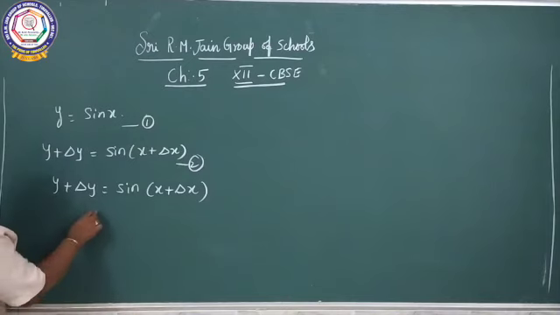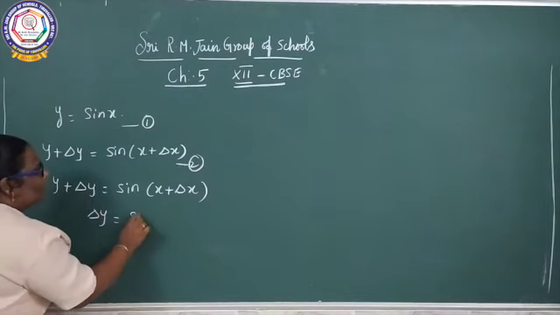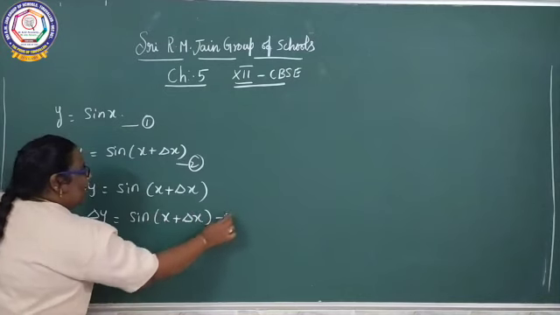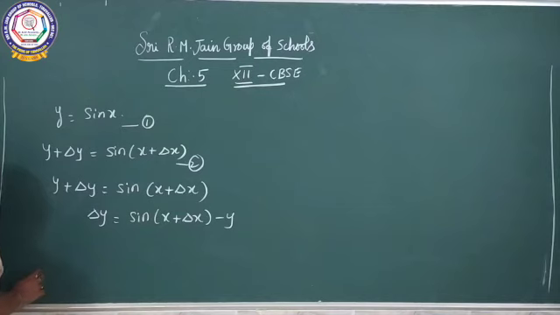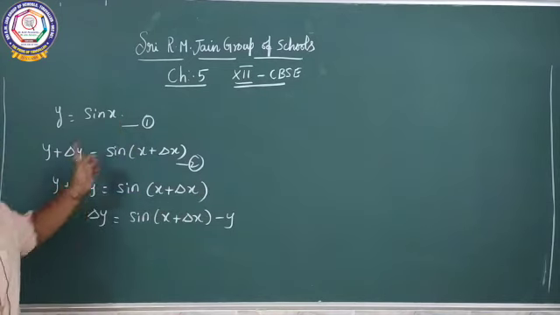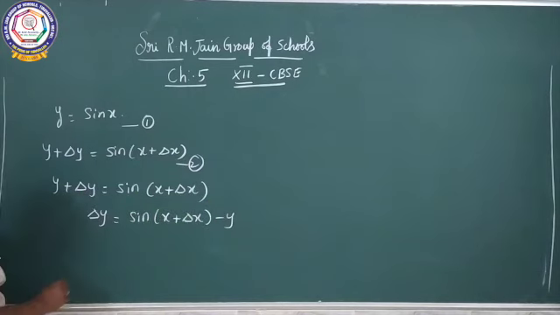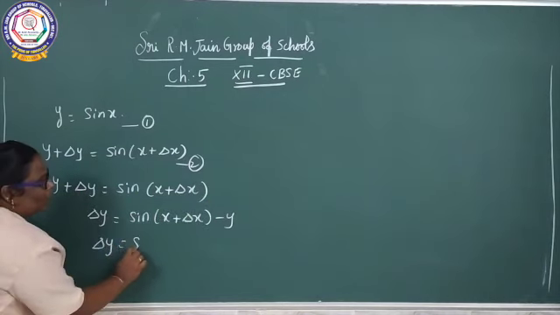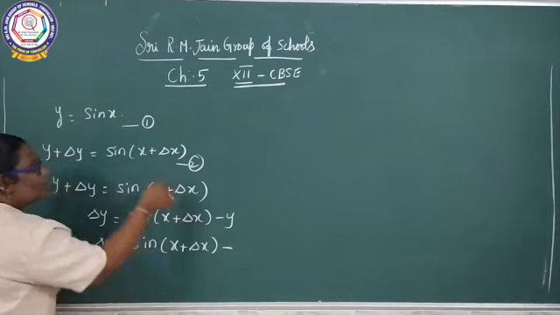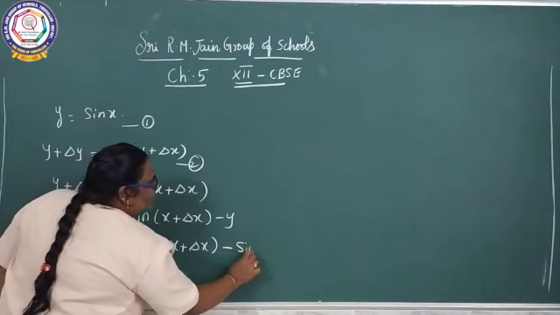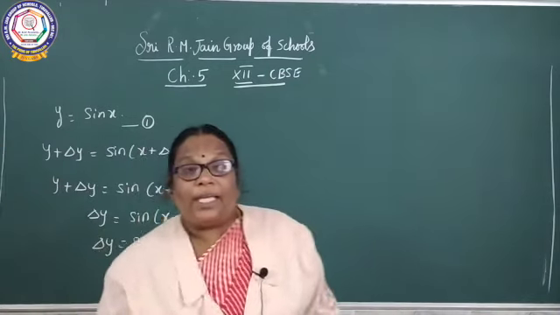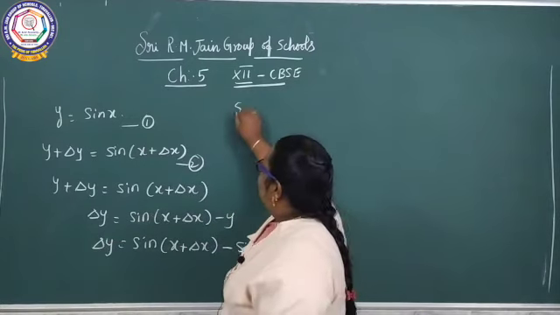So delta y equal to sine of x plus delta x minus y. Either you can subtract 2 minus 1 or do it in such a way. What is the value of y? It is nothing but sin x. What is the trigonometric formula for sin c minus sin d?